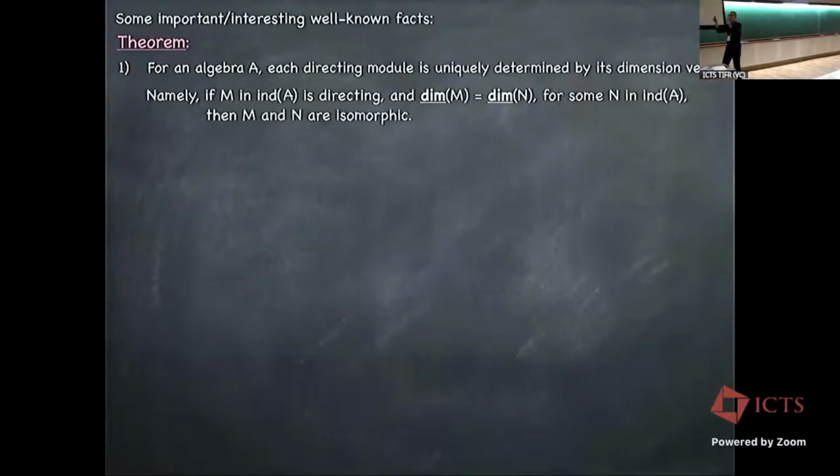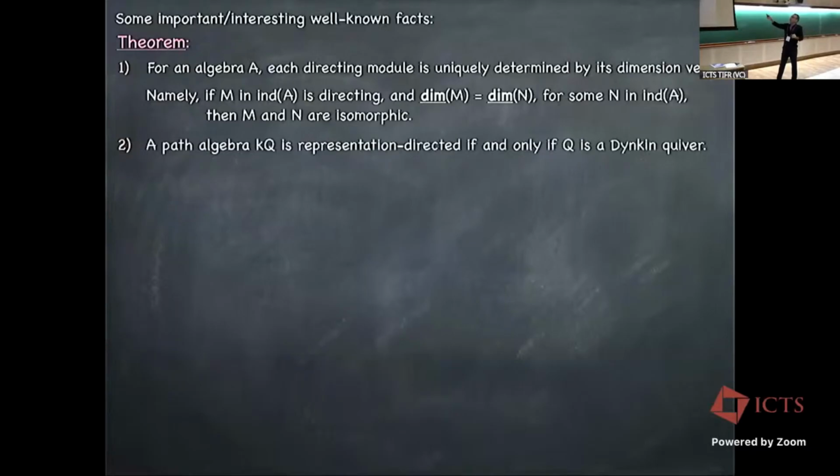Meaning that if you know the information at every vertex, how many copies of K you have at a vertex, you can uniquely determine that module. This is a very rare property. A path algebra, KQ, is representation directed if and only if it's a Dynkin quiver. So if you don't have any relation, Dynkin quivers are the only ones for which every indecomposable is directing.